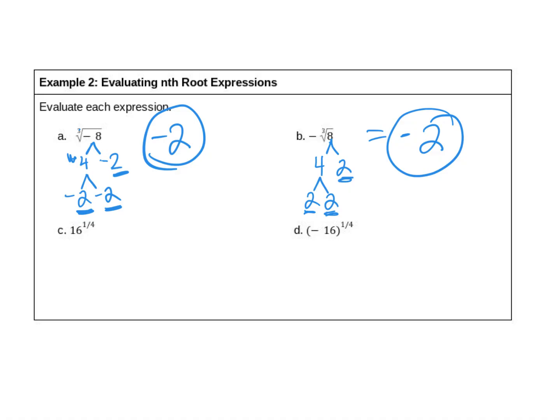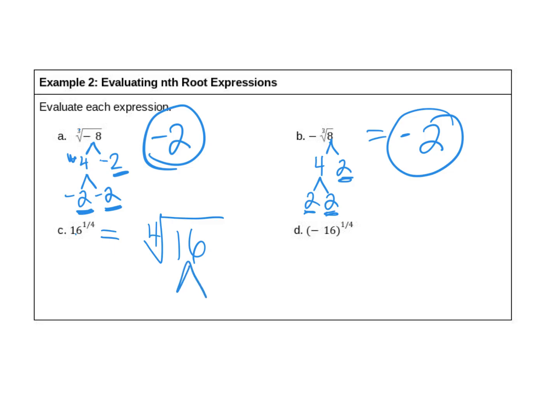Okay, this one, we're going to change that back to a radical, because right now it's just a little easier to work with. So 16 to the 1/4 power is the same as the 4th root of 16. And 4th root, we kind of already did that one, but we can do it again.